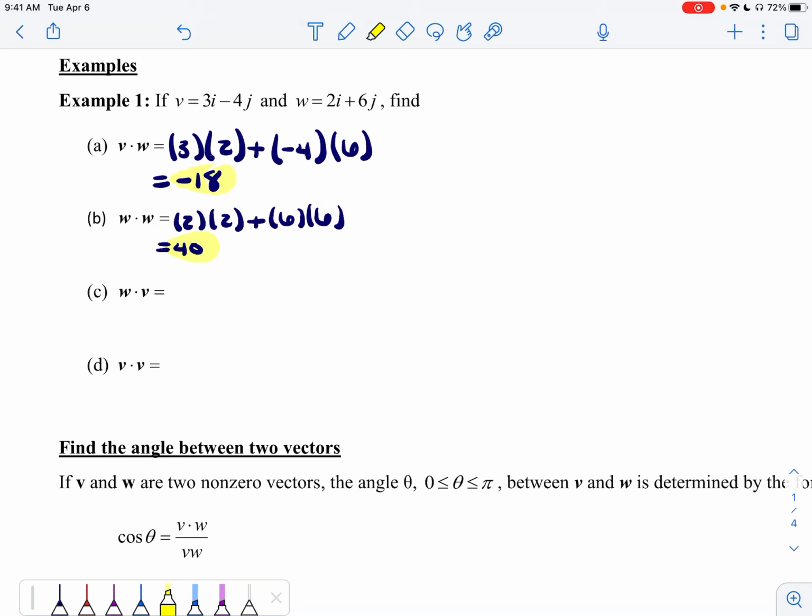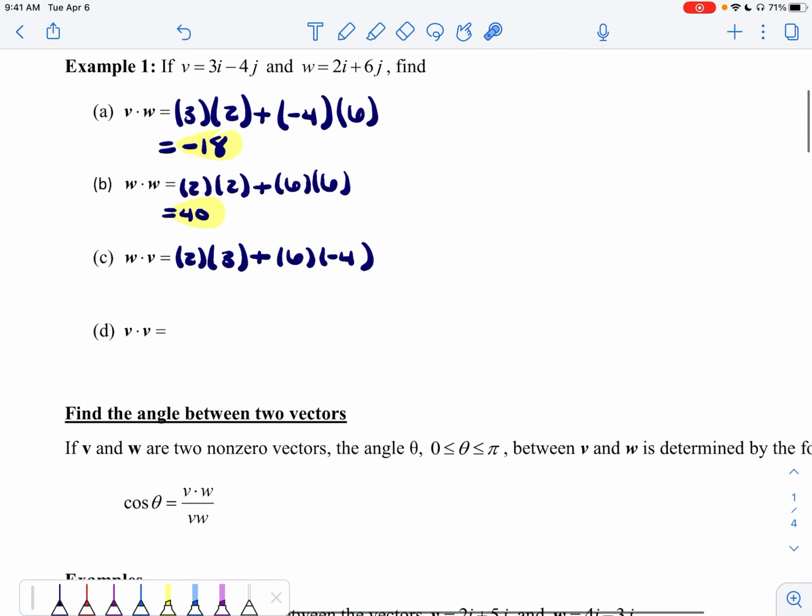All right, w dot v. So we're going to take the i component of w times the i component of v plus the j component of w times the j component of v. So this would be 6 minus 24, which would be negative 18.